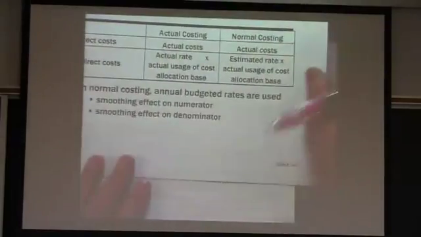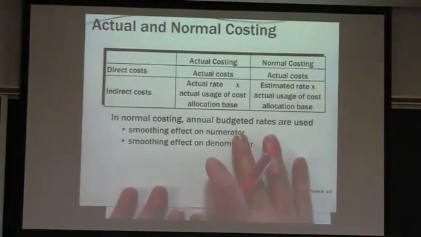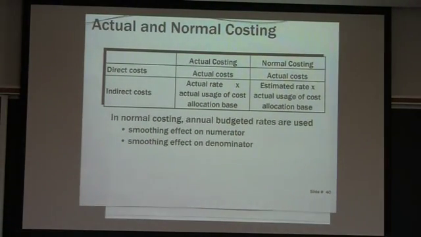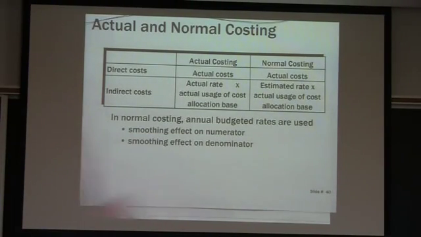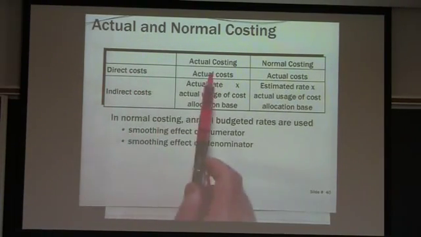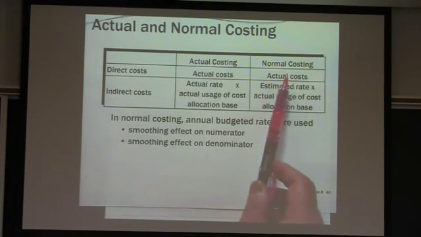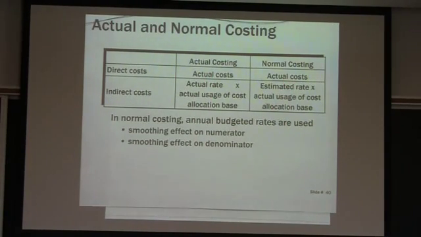Now, when we apply them, we're going to use what we call normal costing. And what is normal costing? So I have here a comparison between normal and actual. In actual costing, you're going to look at all of your direct costs, so this will be your direct material, direct labor. You're going to use actual costs. In normal costing, that's also the same. So just like we did on that job, we costed each job based on actuals for direct material, direct labor.